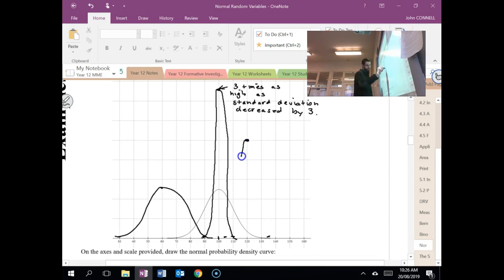So there and there. No, I went too far that one. So over there and there. Okay, so it will look like that, and so that is twice as high.